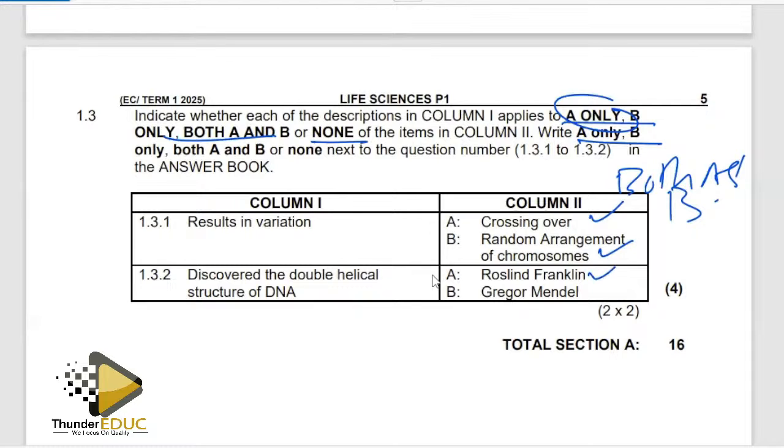Rosalind Franklin was among the people involved in the discovery of the structure of DNA, but she did not find out that it is a double helix. The only people who discovered this are James Watson and Francis Crick. So this one becomes wrong. And Gregor Mendel is in genetics, so this one also becomes wrong. So the answer here becomes none.